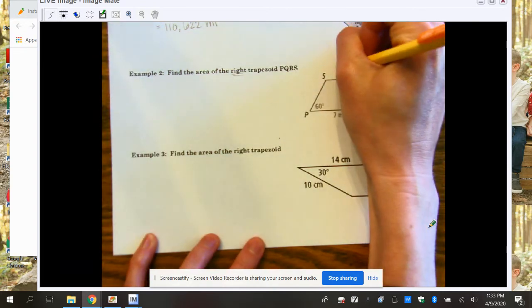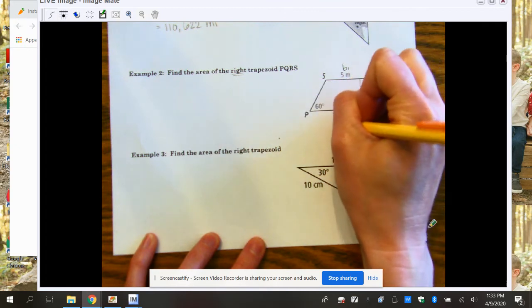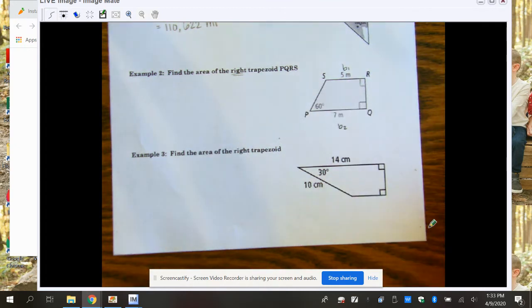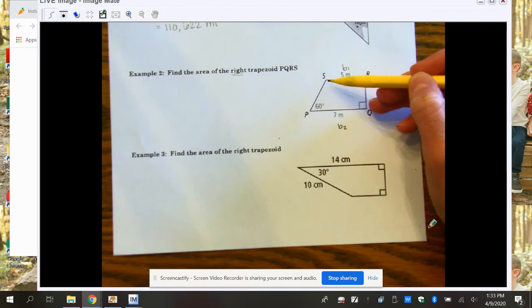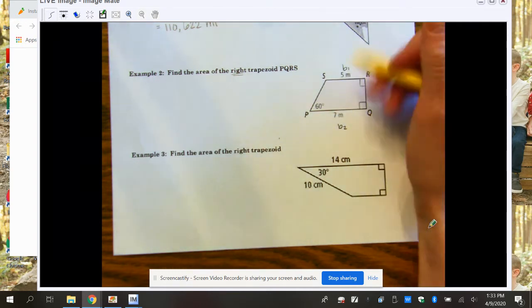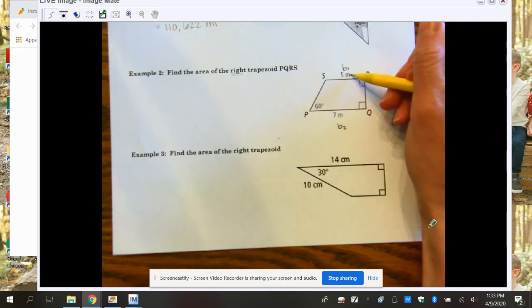We know that we've got our bases, but we need to figure out what our height is, which we don't know. We have no way of knowing this length or this length using only the 5 and the 7 that we have.